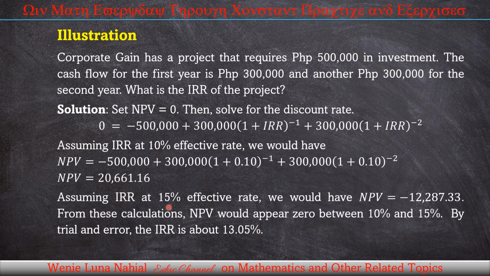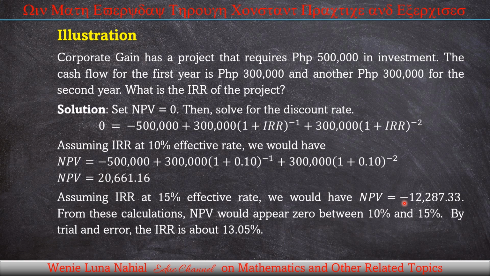Now, assuming IRR at 15% effective rate, we would have an NPV of negative 12,287.33. Now, this is negative. This is a bit far from zero. Our goal is to get close to zero.